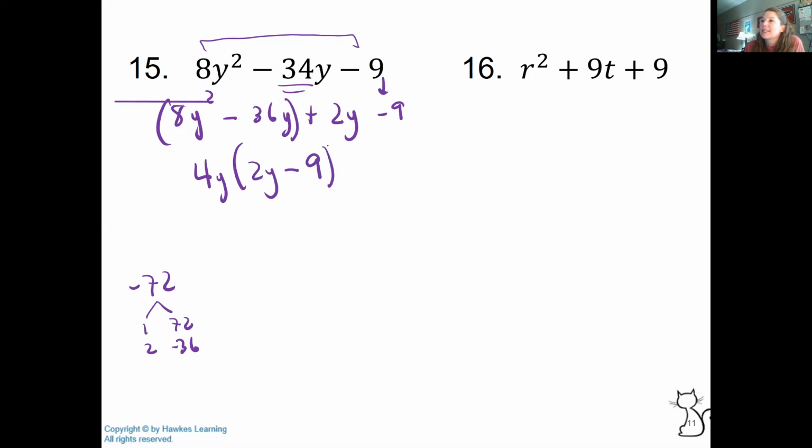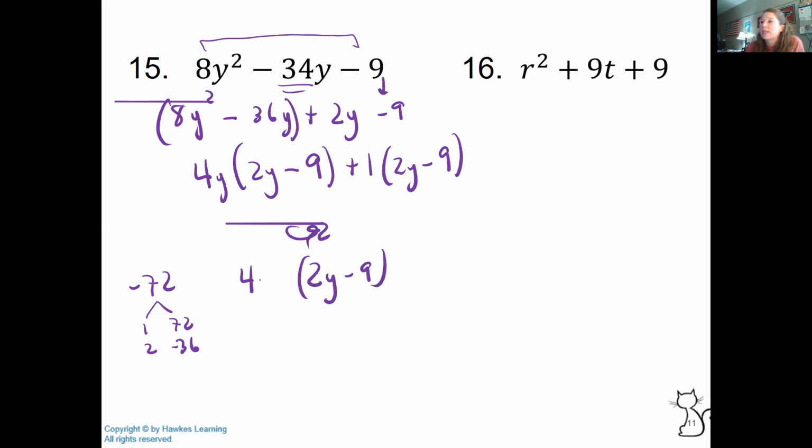And then look, that is the same, isn't it? So we don't want to change it. We're going to write plus 1. So 2y divided by 1 and 9 divided by 1. There we go. One of our factors is 2y minus 9. The other one is 4y plus 1. And that's my final answer.